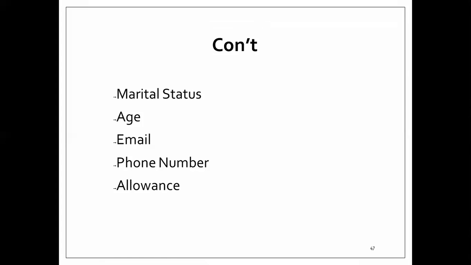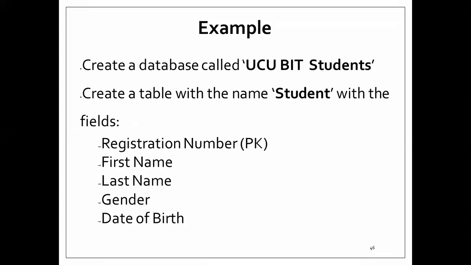That will be the question. Our database is called BIT students. But we are saying create a table with the name student and with the following fields. So in this database called BIT students, we should create a table with the name student. So this is the name of the table. And do the following. We create this table called students with the following fields.